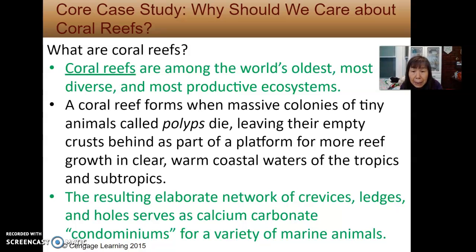A coral reef forms when massive colonies of tiny animals called polyps die, leaving their empty crusts behind as a platform for more reef growth in clear, warm coastal waters of the tropics and subtropics. The resulting elaborate network of crevices, ledges, and holes serves as calcium carbonate condominiums for a variety of marine animals.